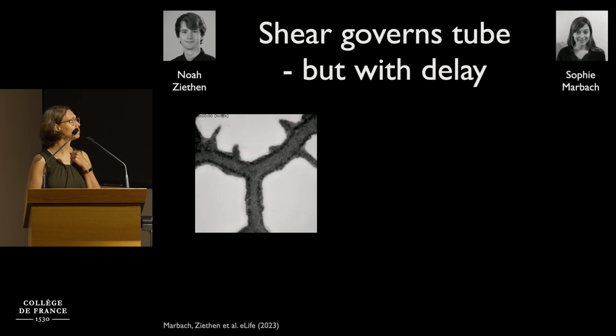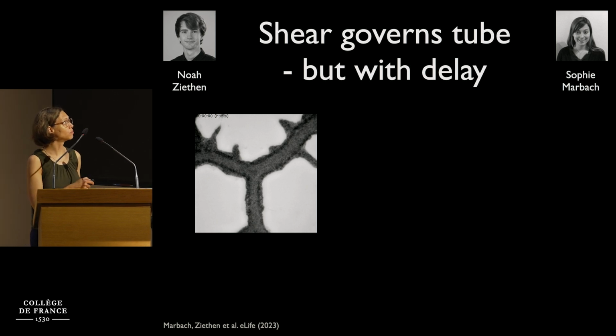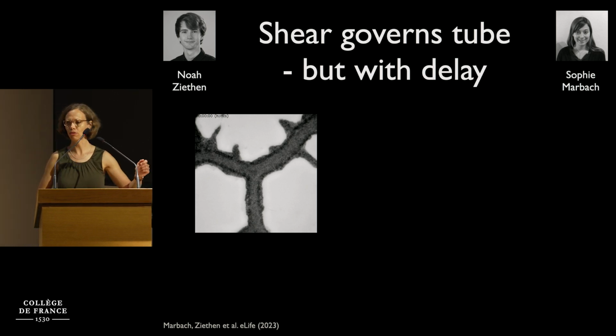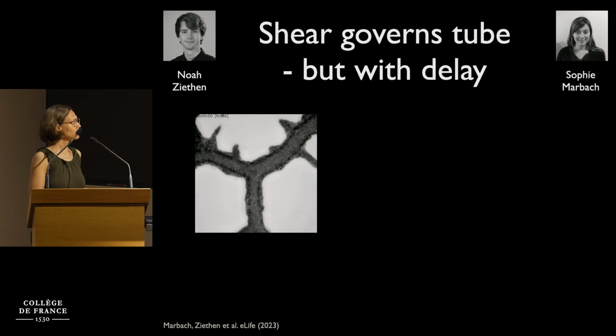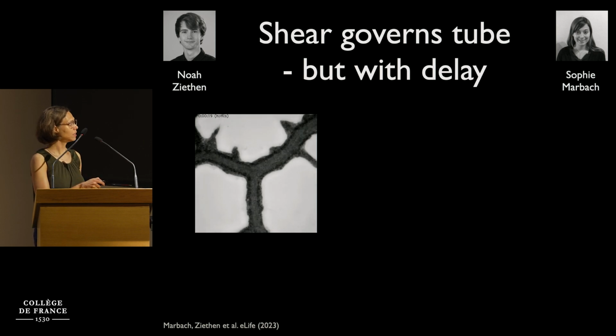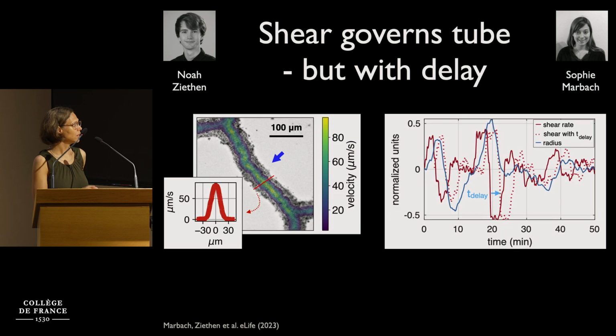And so this is actually a joint project with a student in my group, and Sophie Marbach, who now, lucky you, is just next to you at Sorbonne. And so they took data imaging the fluid flows in these networks and measuring the tube diameters over time. And if we map them out, what we see is the following.